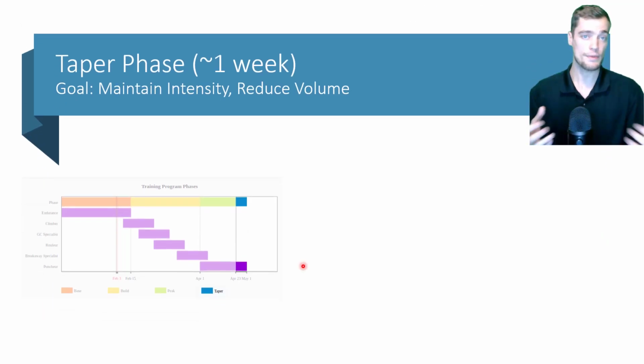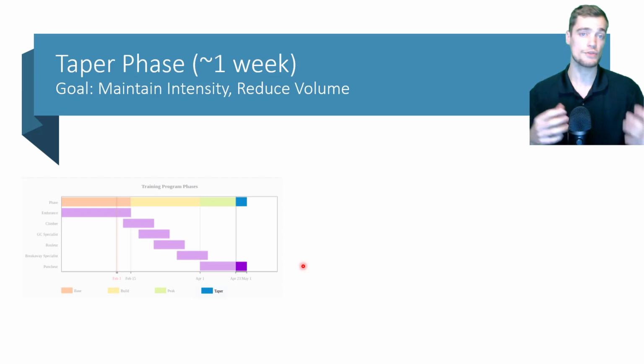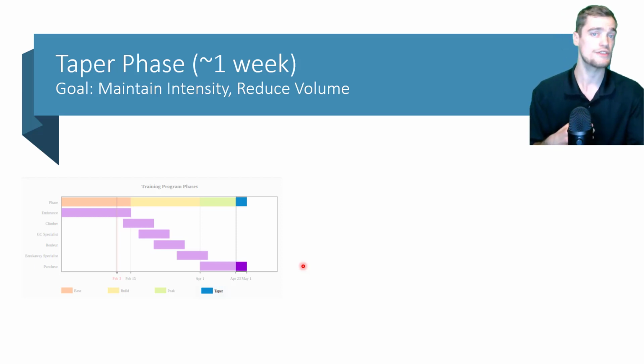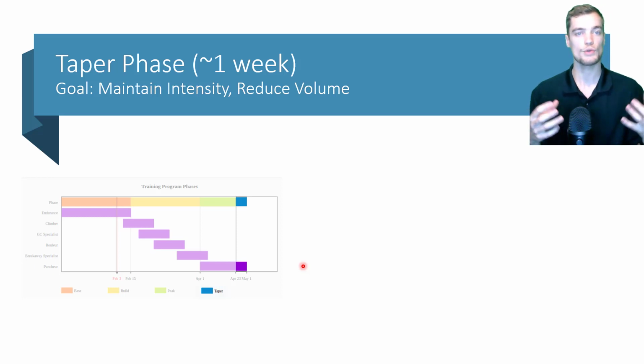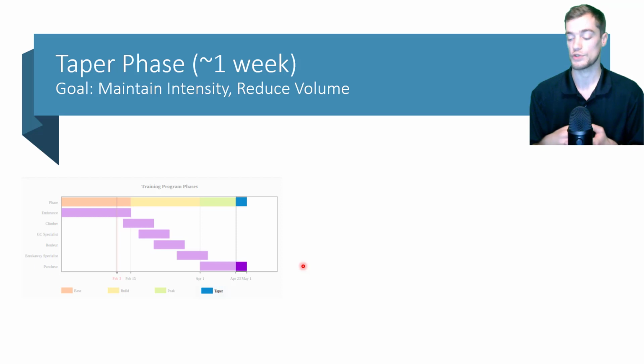Lastly, about a week before your target event date, you'll enter the taper phase. Like I said, it lasts about 1 week, and the goal of the taper phase is to reduce the volume that you're doing. So this would be an example where you would want to reduce the improvement rate, but you want to maintain the intensity or maintain the focus of your training.